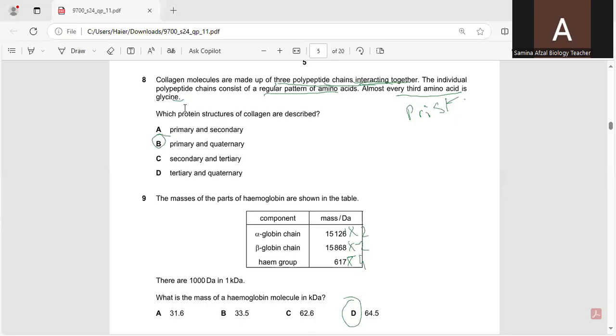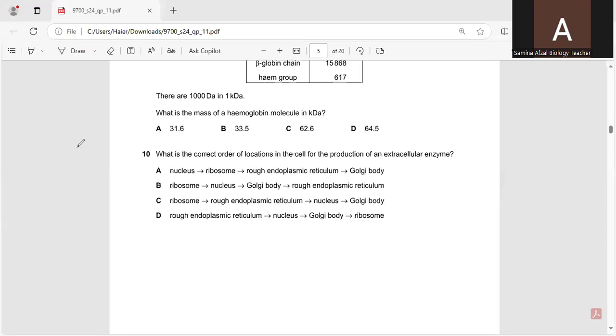So we will move towards the next question, question number 10. What is the correct order of location in the cell for the production of extracellular enzymes? You know that extracellular enzymes are protein in nature. So what will be the correct order of the location? First of all, it will start in the nucleus, and from the nucleus the messenger RNA will take the message towards the ribosome.